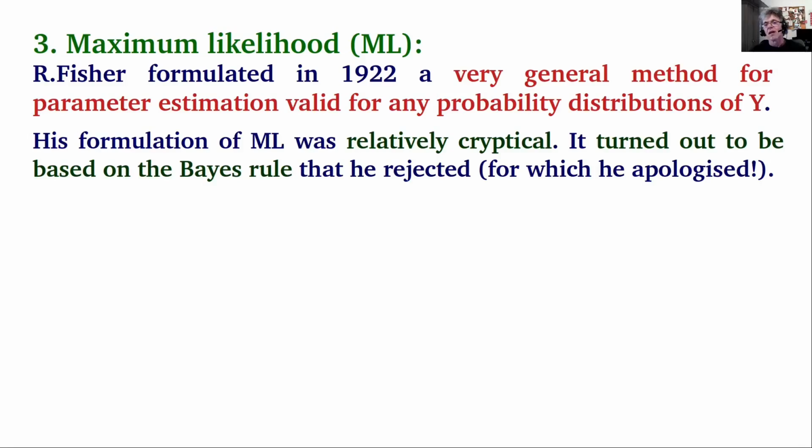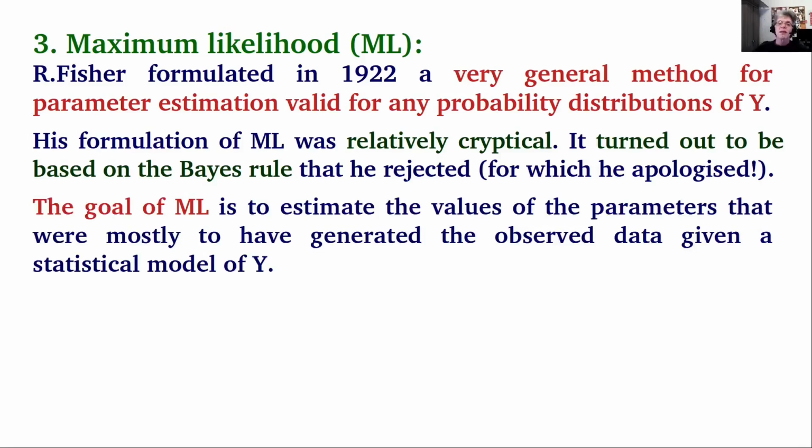Fisher was a genial mathematician and a very critical writer. A few years later, it turned out that Fisher based his maximum likelihood method on the Bayes rule, which he firmly rejected, for which he even apologized.